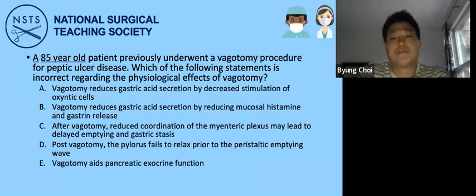You've got PPIs, which have a very good effect as well for this type of thing. And vagotomy is very invasive as it's a procedure, as well as the fact that you will get various side effects from it too. It's not something we see often, so it's quite difficult.